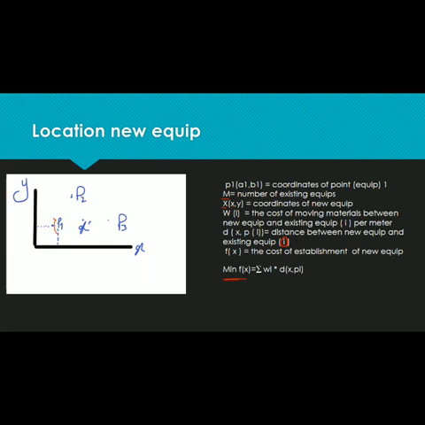And we have this objective function: we want to minimize the cost of establishing a new equip among existing equips.